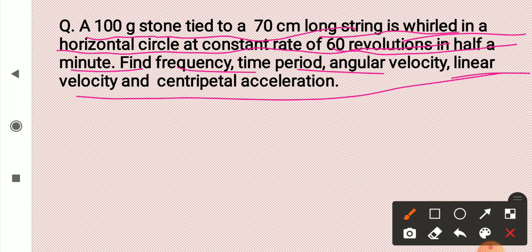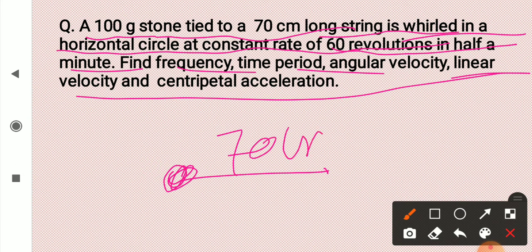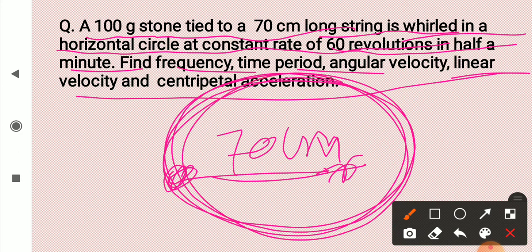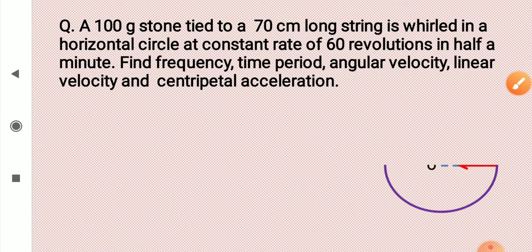So what is given to you is कि एक 100 ग्राम का स्टोन है और इसको आपने एक 70 सेंटीमीटर लॉन्ग स्ट्रिंग में इसको बांध दिया है, टाई किया है, और इसको हॉरिजॉन्टल सर्किल में घुमा रहे हैं. एट व्हाट रेट? 60 revolutions in half a minute. So you have to find out all these things.